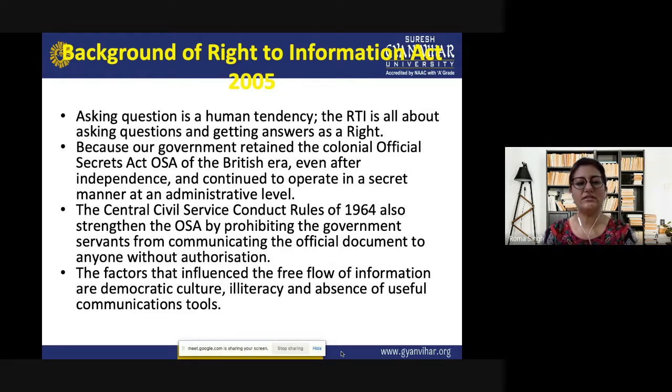The Central Civil Service Conduct Rules of 1964 also strengthened the OSA by prohibiting government servants from communicating official documents to anyone without authorization. The factors that influence the free flow of information are democratic culture, illiteracy, and absence of useful communication tools. So this was the reason the need for right to information arose.